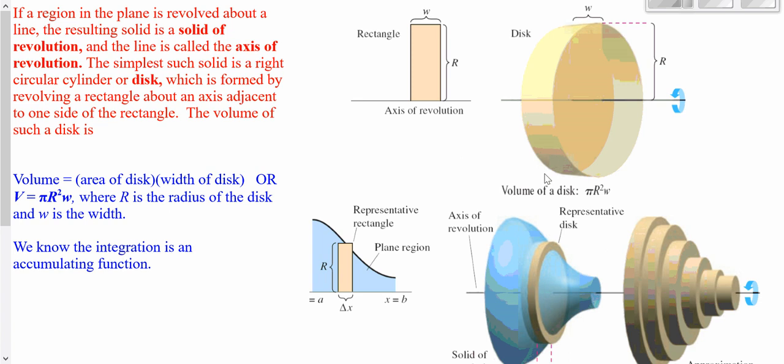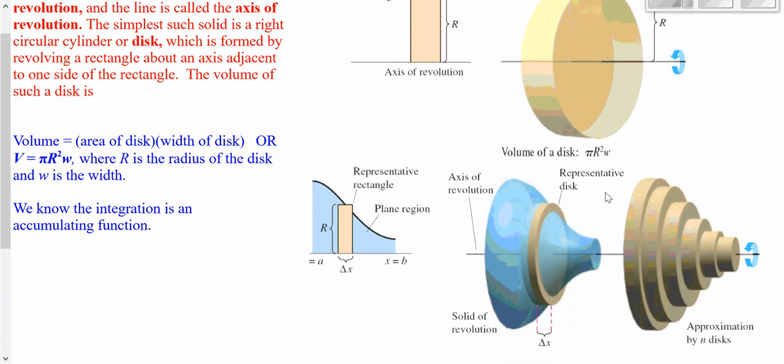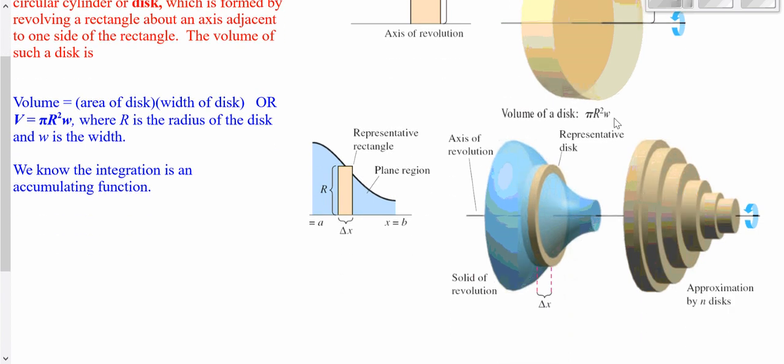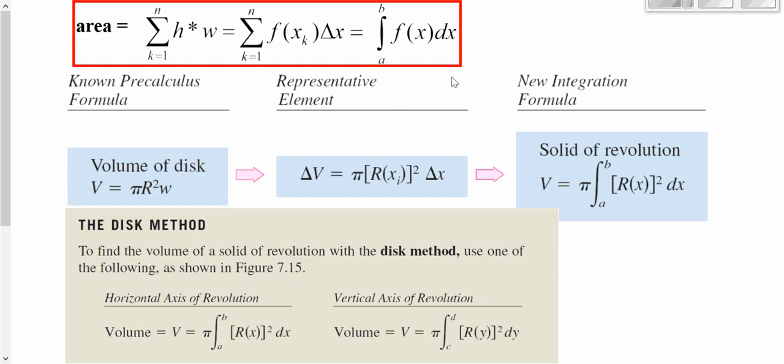To find the volume of your disk, it's really just your circle, which is pi r squared, times your thickness, the d or the w. In the context of integrals, that thickness ends up being your dx. Once again, that's review from area underneath the curve.